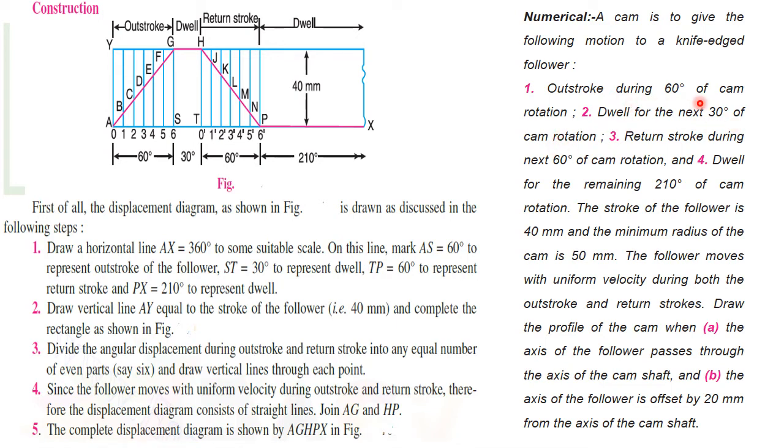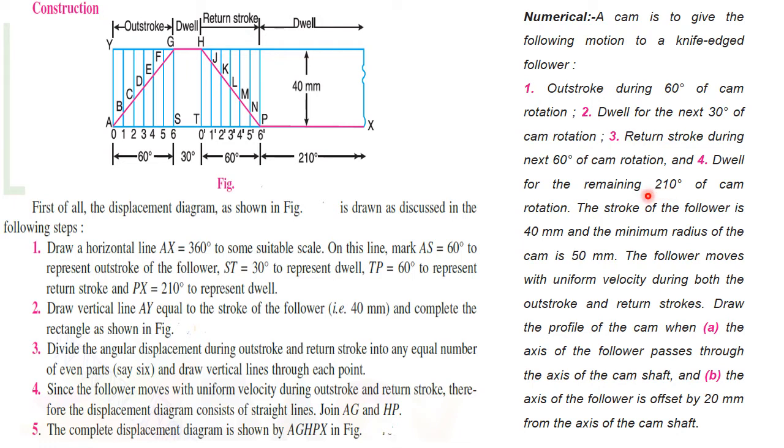After rotation of 60 degrees, the dwell comes up to 30 degrees. Third point, return stroke: the next 60 degrees after the 30 is the returning stroke, and the remaining 210 degrees is dwell.